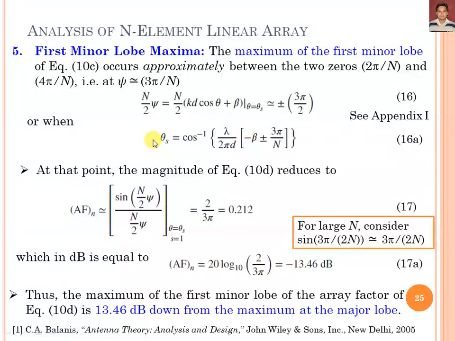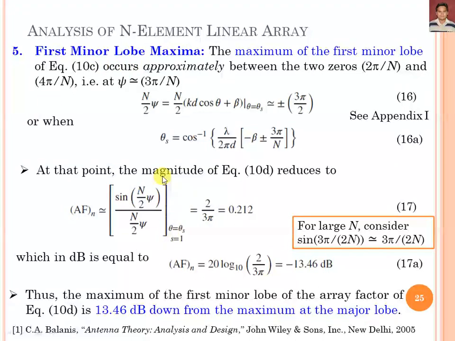Another technique to calculate the first minor lobe maxima is to use the two zeros, 2 pi by n and 4 pi by n, at psi approximately equal to 3 pi by n. So we put the psi value in the array factor equation.